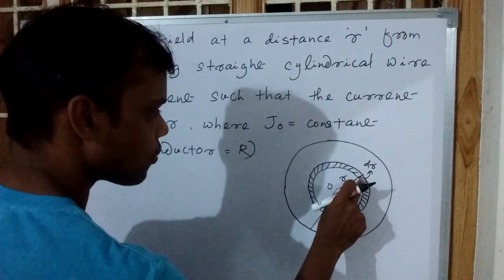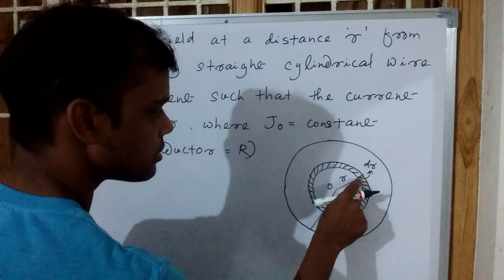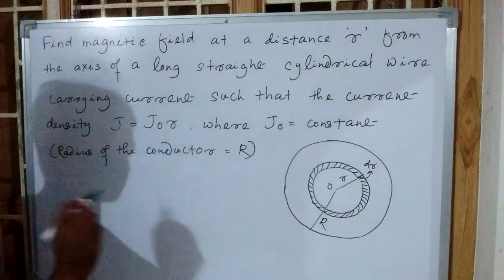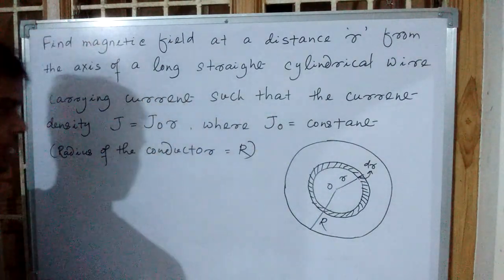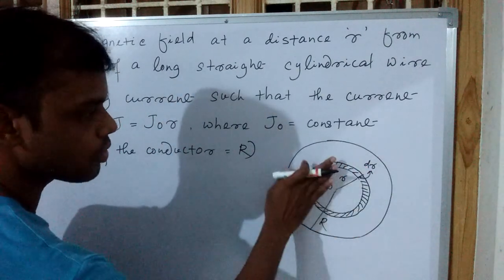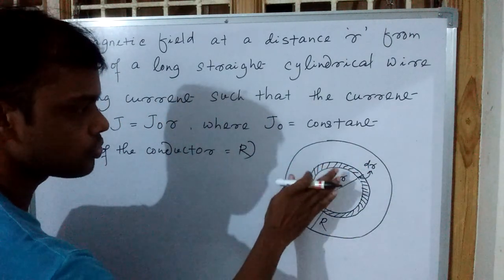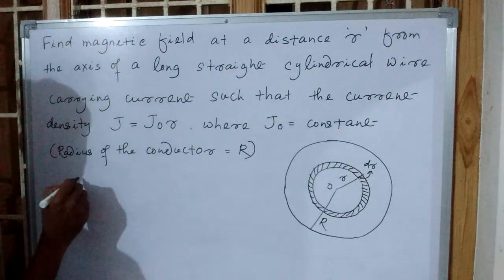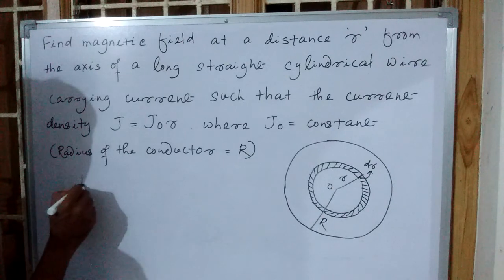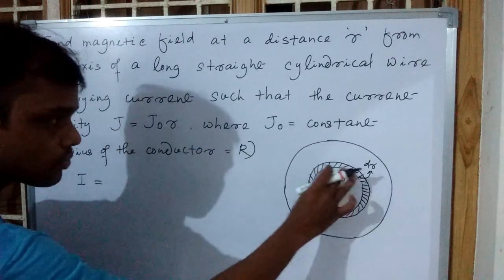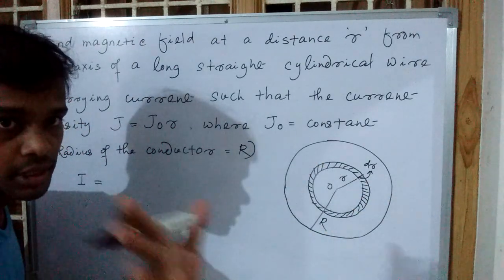What is the current density here? Current density is of course J equal to J naught r. It is already given. Now what is the current coming out through this ring structure only? That means current through the ring structure is I equal to current density into area of this ring structure.